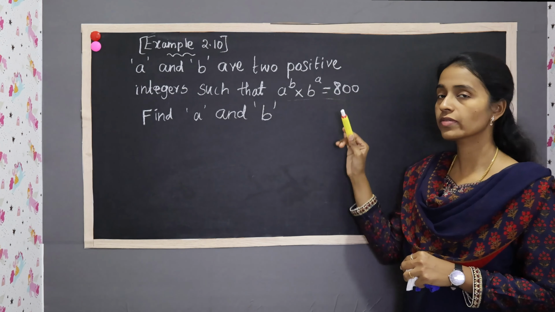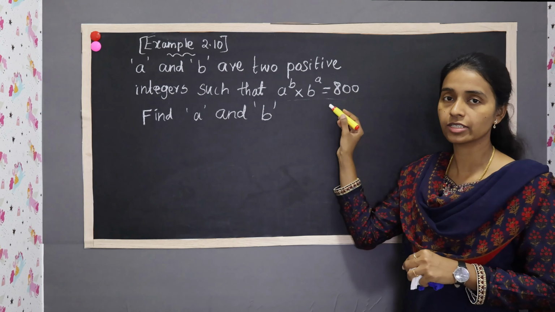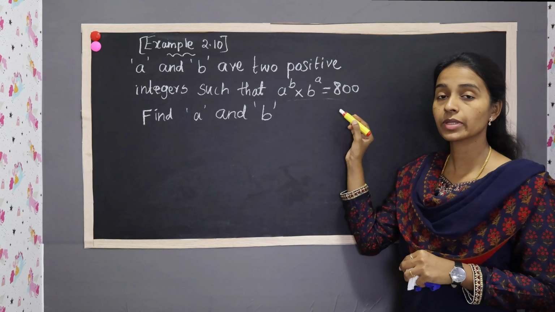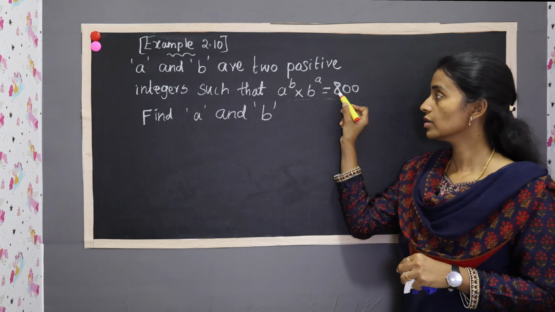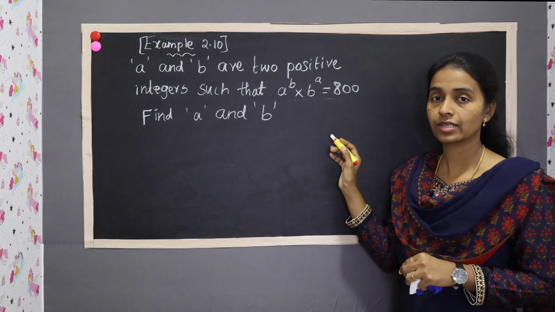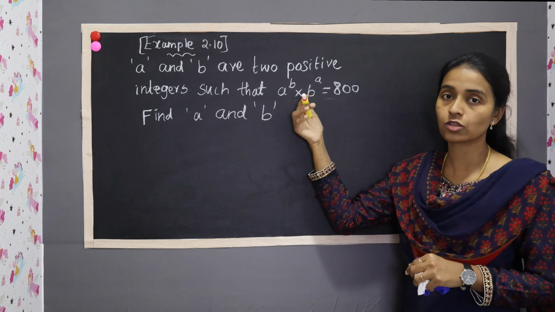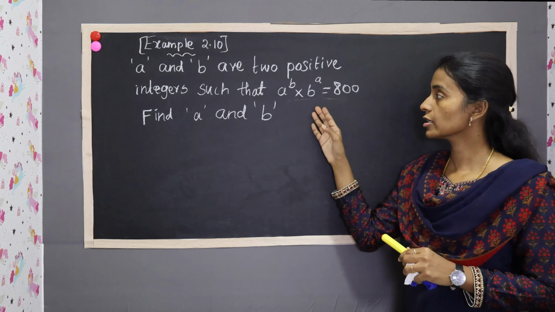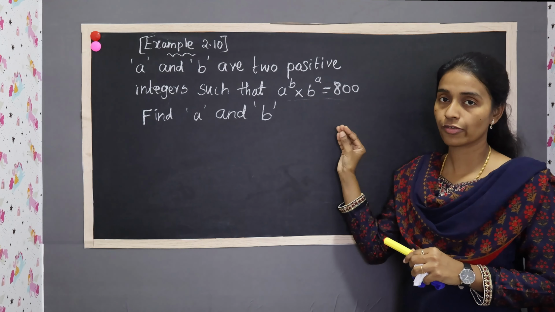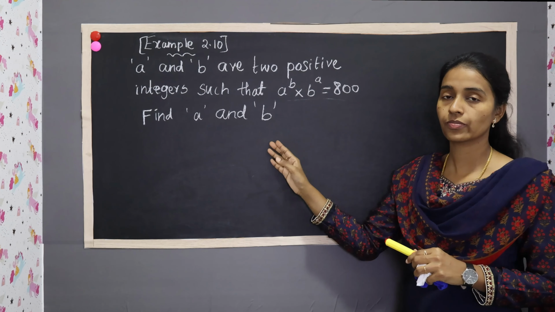So here what we are going to do is split up this 800 into small numbers, I mean small factors. For that we are going to find out the factors of 800. If we know the factors of 800, we'll be able to solve this problem.